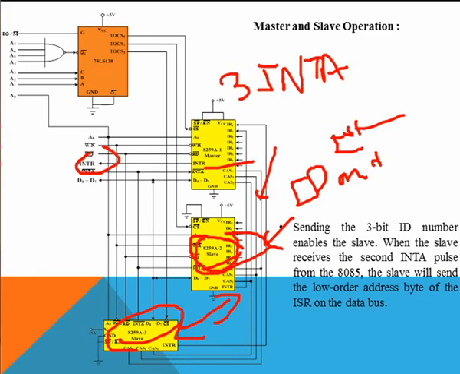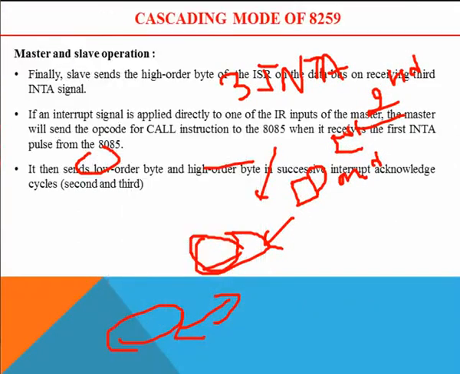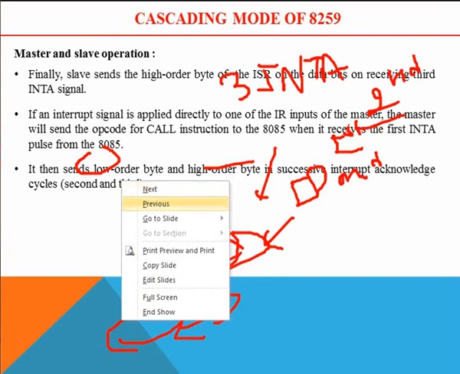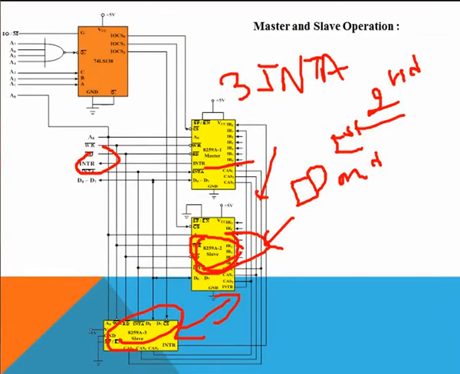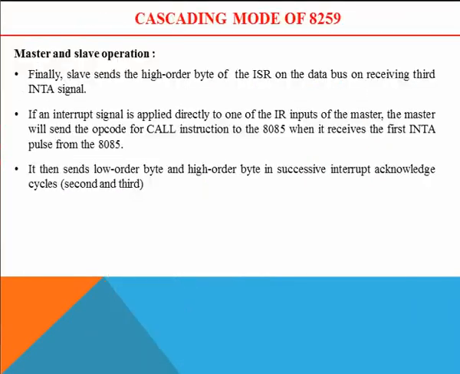After this, when the second INTA pulse is obtained, the lower byte address of the ISR is put on the data bus. And further, when the third INTA pulse is obtained, the higher byte address is put on the data bus.